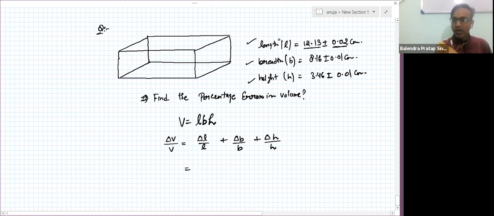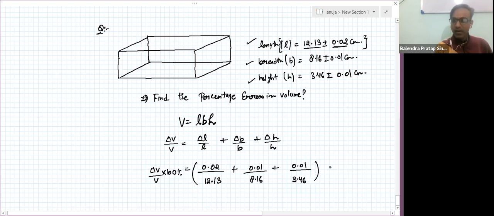L is equal to true value plus minus its error value. The error value 0.02 divided by the true value 12.13, plus the error value 0.01 divided by B, 8.16, plus the error value in H, 0.01 divided by 3.46. And you have to find the percentage error in volume, so multiply with 100%. That will be the answer here.